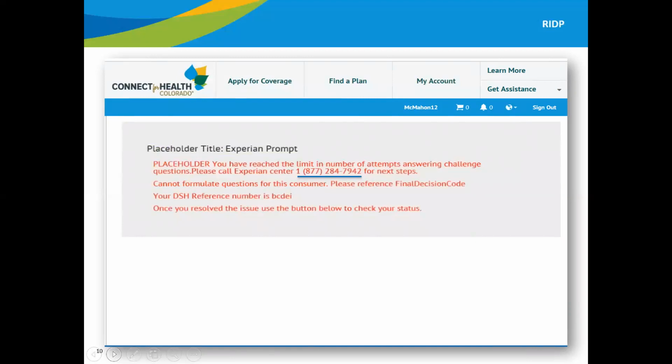They would need to keep the reference number listed there on the third line, and this would help identify the particular user session in which the individual was attempting to be remote identity proofed. Again, the Experian call center is not a function of the exchange. It is a third-party entity used to establish identity proofing, and if that is able to be verified by following the prompts on the call center line, then the individual would be able to move through the rest of the application.